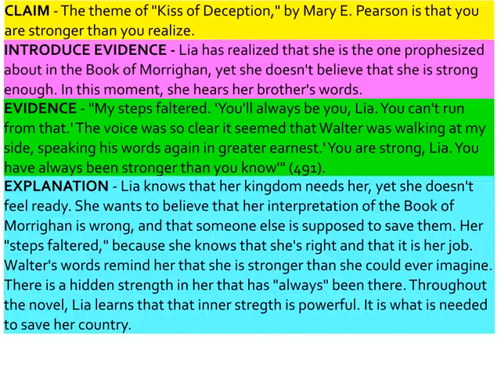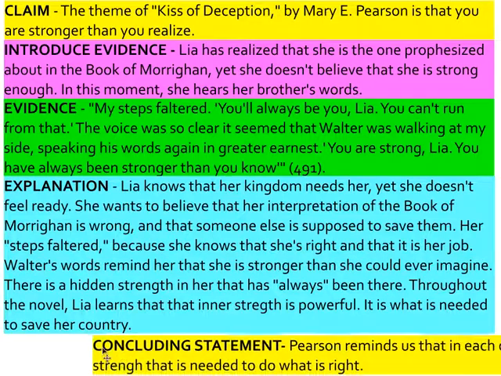It's really important that I talk about both, how her steps faltered and how that shows that she doesn't necessarily want to take on this prophecy, that she isn't sure that she's strong enough. And I'm going to talk about the detail of that "always," right? She's always been stronger than she knows, in learning that she is stronger than she realizes, that she has that inner strength. So here's my concluding sentence.